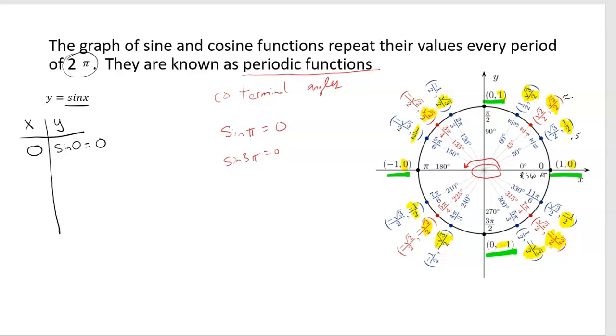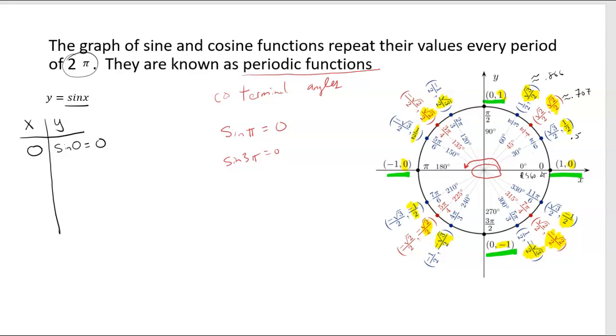This is roughly about 0.707, right? Which is not going to be a good number to plot. And root 3 over 2 is roughly 0.866. So why am I going to plot decimals that might not necessarily be easy to plot when I can focus on integers?